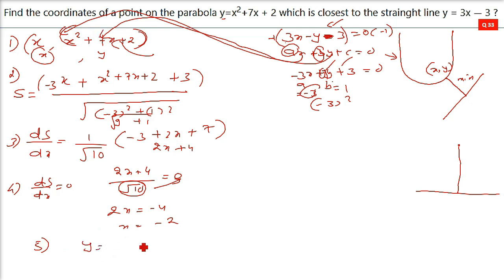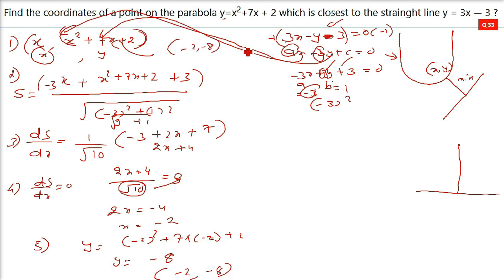Then we'll go about the nearest and the maximum minimum. Here I am just replacing x by negative 2 in the equation of the parabola. So you'll get y, and that value is minus 8. So these are the x and y points: negative 2 and negative 8.